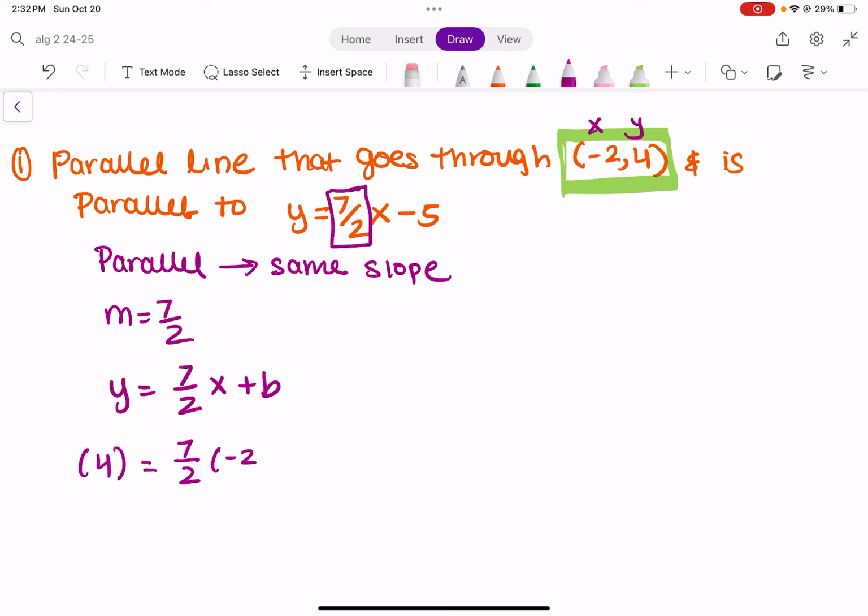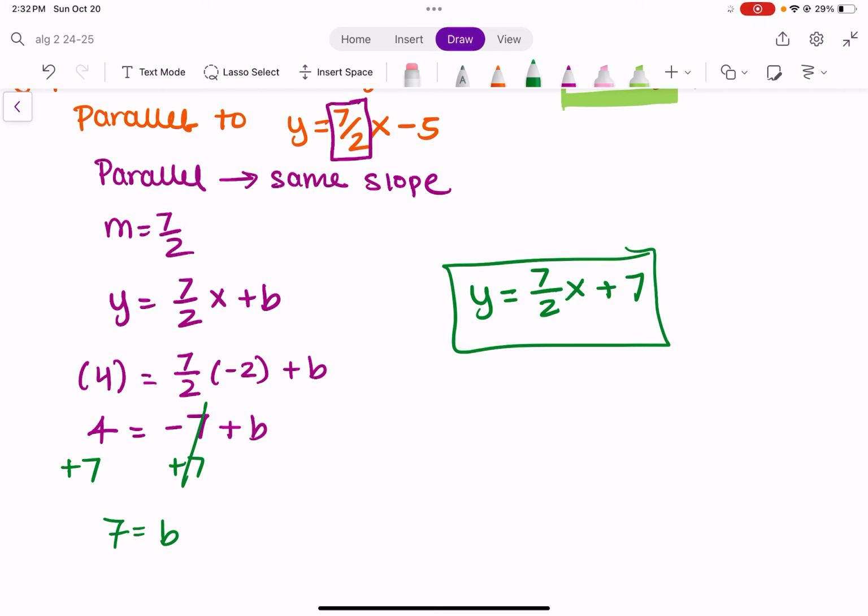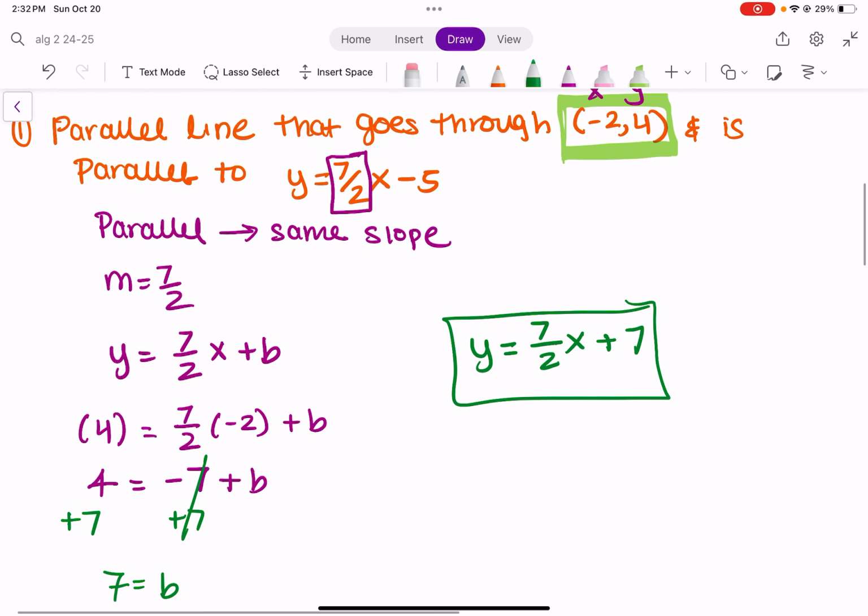So I'm going to plug in the points, my x and the y. And you should get -7 here. And then if I add 7 on both sides, I'm going to get b equals 7. So the parallel line would be y equals 7/2x plus 7, right? So the slope stays the same, but you're going to have a different b value. And we solve that by plugging in the point.